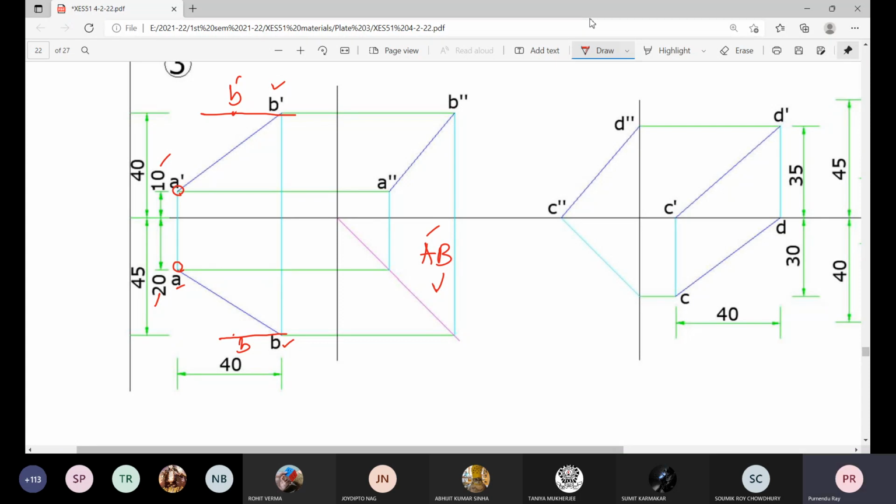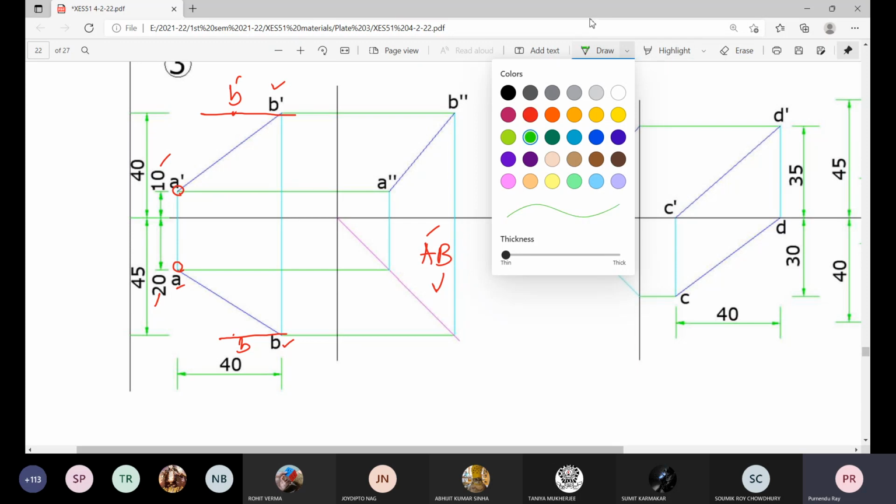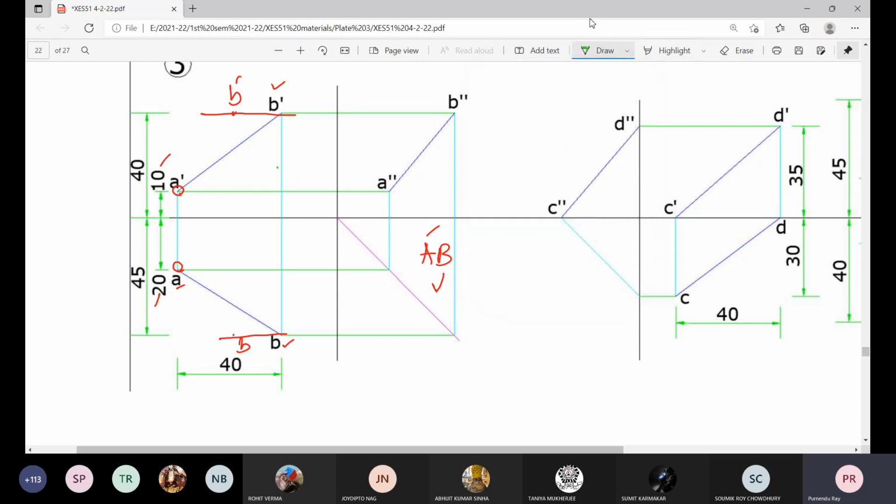plan and elevation of a point, they must be connected by a single projector. So for B and B dash connected by a vertical line or the line perpendicular to XY. A and A dash, plan and elevation, connected by a single projector line perpendicular to XY. So this thing you have to satisfy. And from this given clue, if B and B dash are the plan and elevation, of course it satisfies that 45 and 40 millimeter distances.